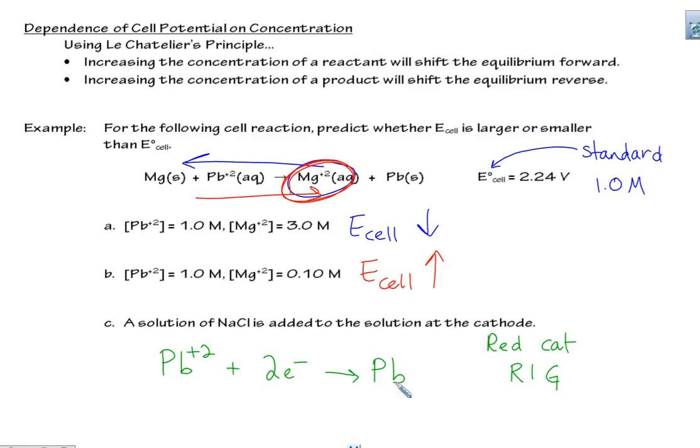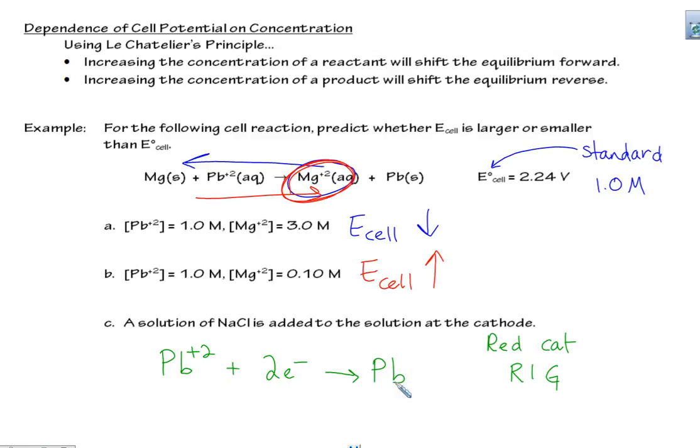What if I add a solution of sodium chloride to this half reaction with the lead? Most chlorides are aqueous. All sodium compounds are aqueous. Most chlorides are aqueous. There are 3 chlorides that do not dissolve: silver, lead, and mercury.